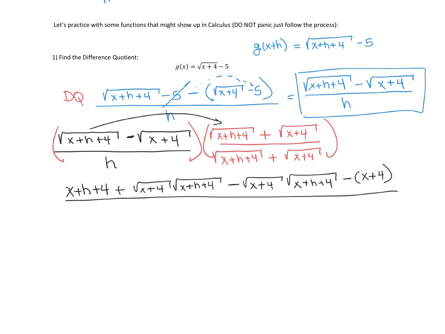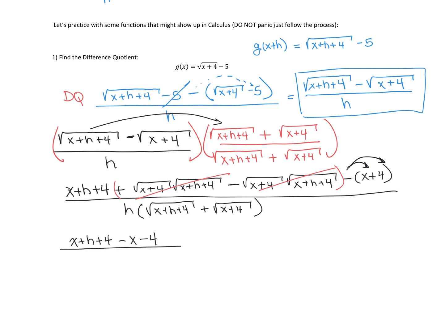Looks awful, doesn't it? Well, not really. What happens, which is why we do this, is on the numerator, these two terms will add to 0. So simplifying, and I'm going to distribute this negative as I go, I get x plus h plus 4 minus x minus 4 over this denominator.